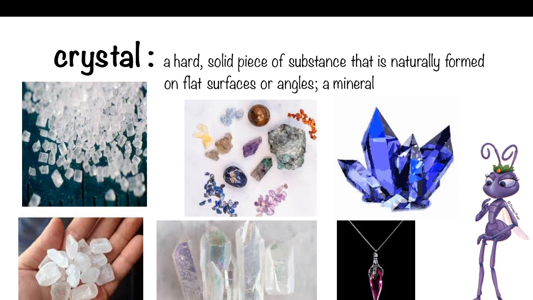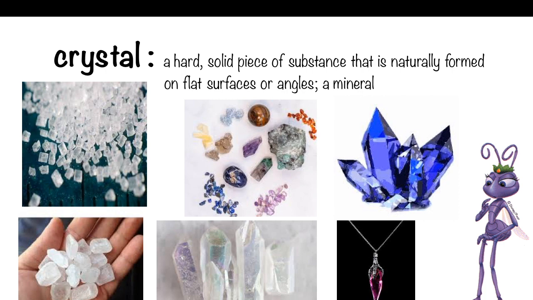Now let's think of some sentences. Can you make some sentences using the word crystal? For example, my mom bought a beautiful crystal ring, or that crystal on the ring was amazing. Or we studied the crystals of sugar under the microscope.